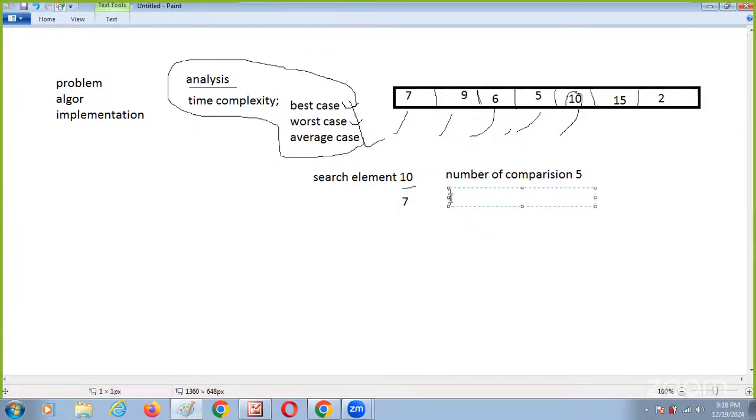In the first attempt, whatever element I wanted to search, 7, I found it in the starting position. So the number of comparisons required to search for element 7 is only 1.